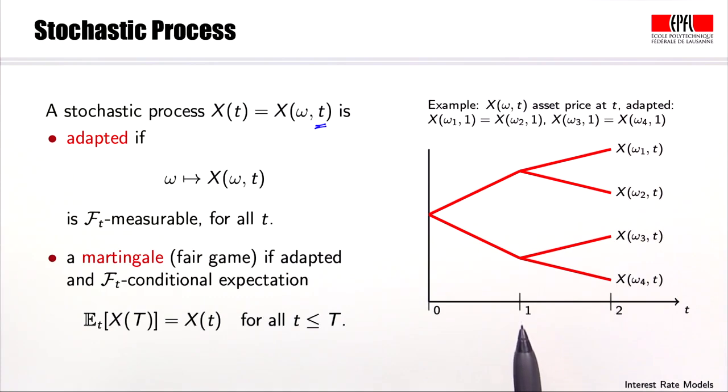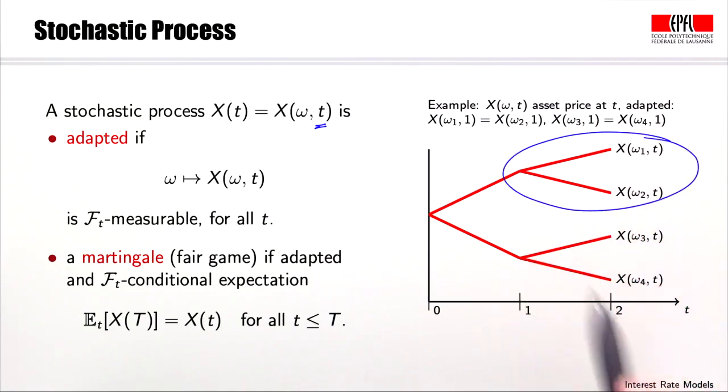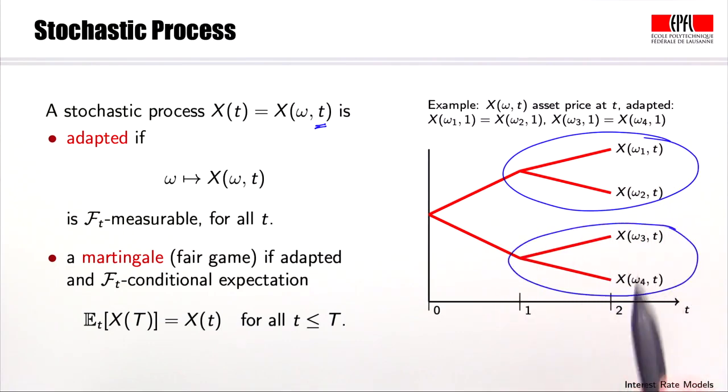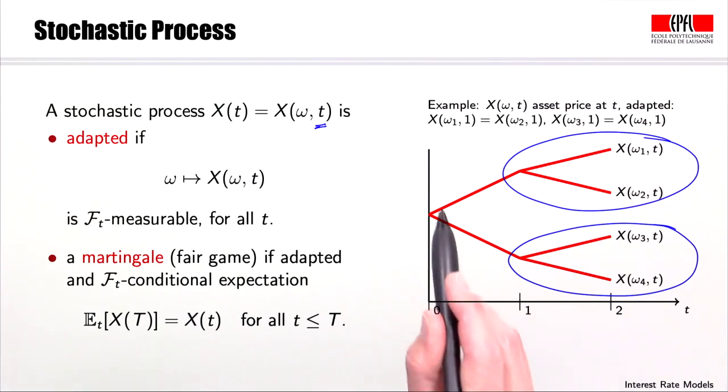At time 1, we cannot anticipate the future, so the asset price must be the same in the states omega 1, omega 2, and also it must be the same in the two states omega 3 and omega 4. At time 0, we have no information yet, and the asset price is a constant.